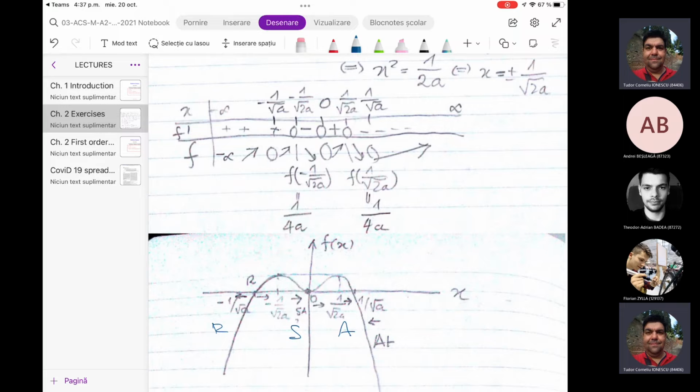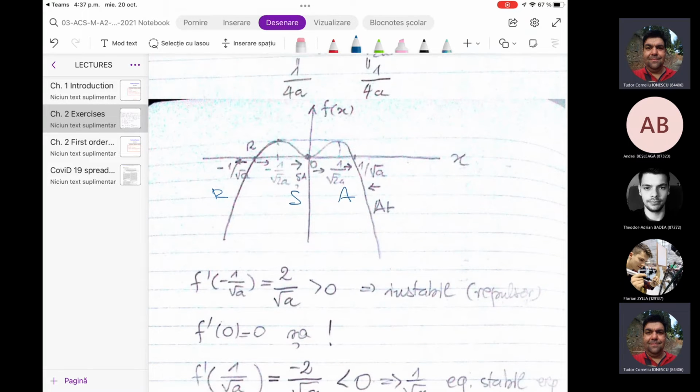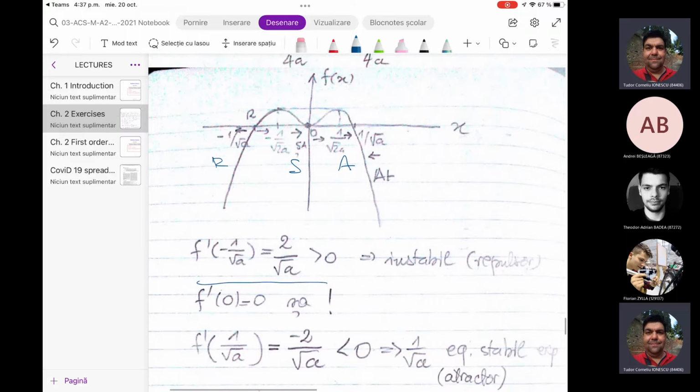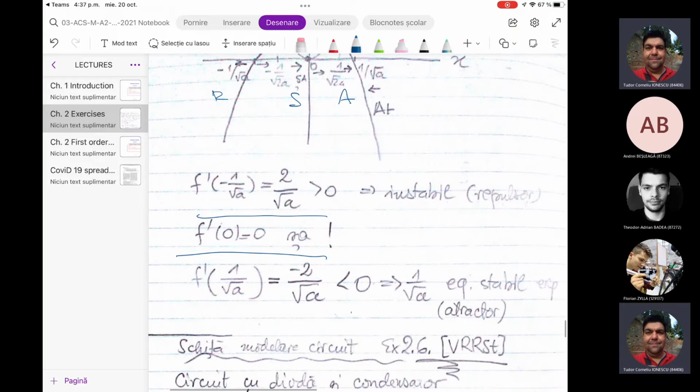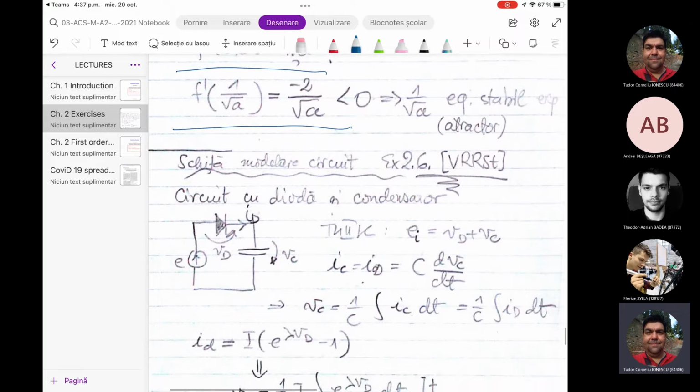What I told you earlier. They're always alternating. You can never have the same type twice consecutively. You see? Unstable, a repulsor, okay? This is a saddle point, and this is a stable point, okay?